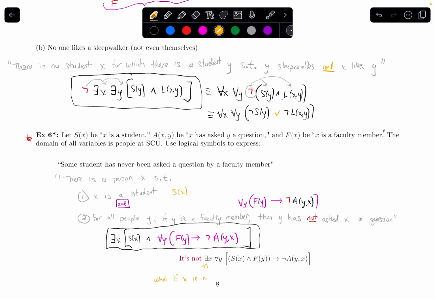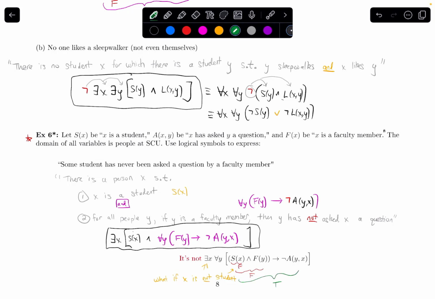Well, if X is not a student, that would mean this S of X part is false. And if that's false, that would make the AND statement false. That means the if part of this if-then statement is false, which automatically makes the whole if-then statement true.